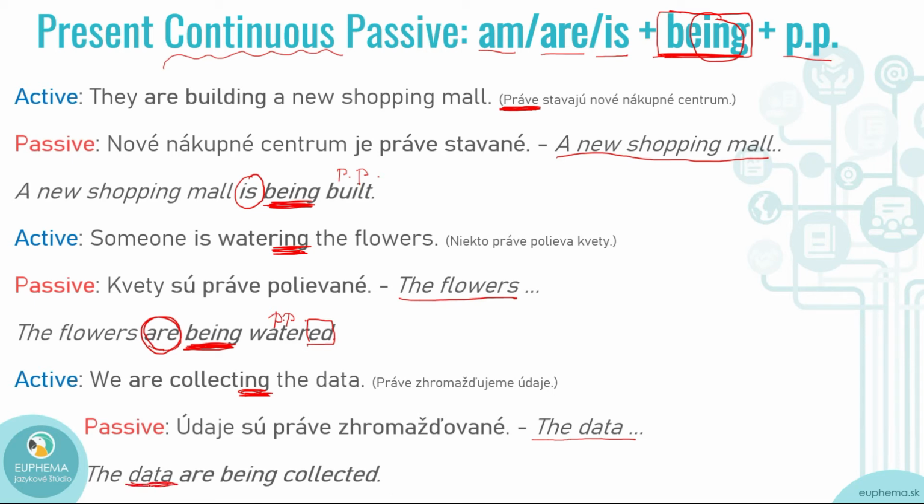You can choose. Both will be correct. I chose plural. So the data are plus being plus the past participle of the verb collect. Again, collect is regular, so we only needed ed. The data are being collected. Excellent. Okay, you're doing well.